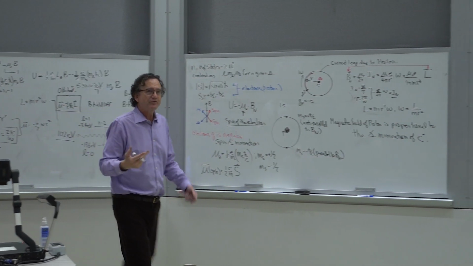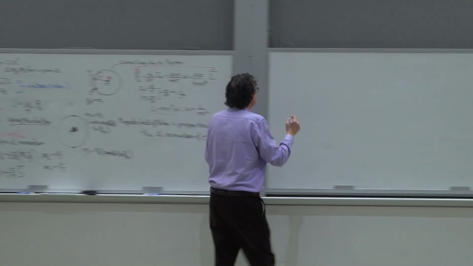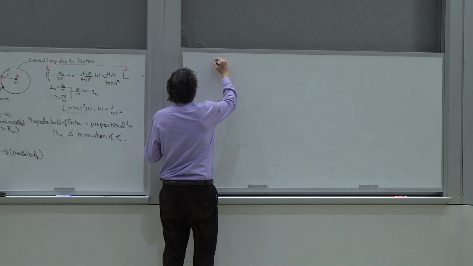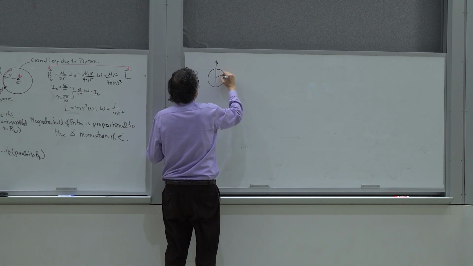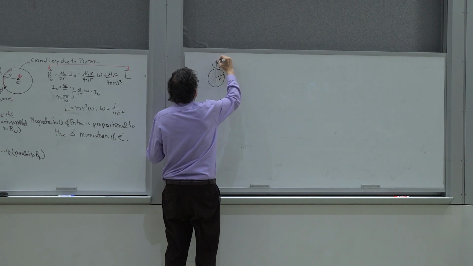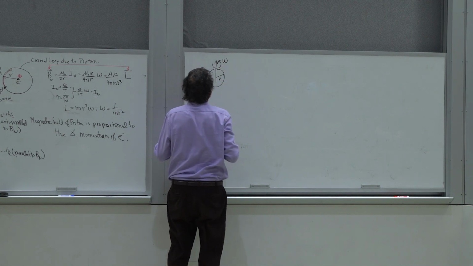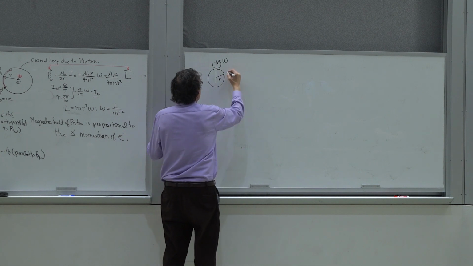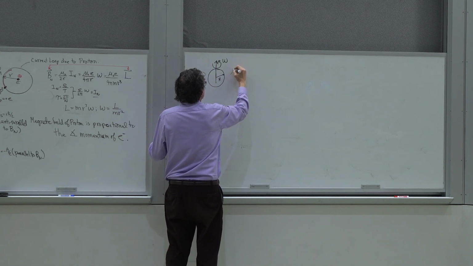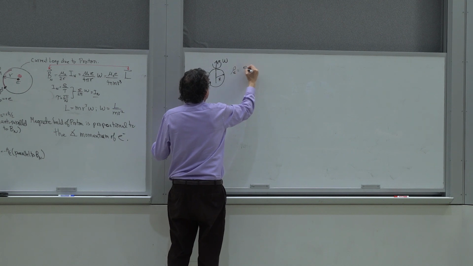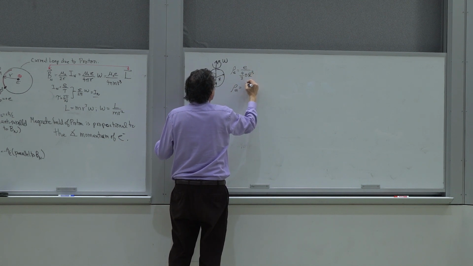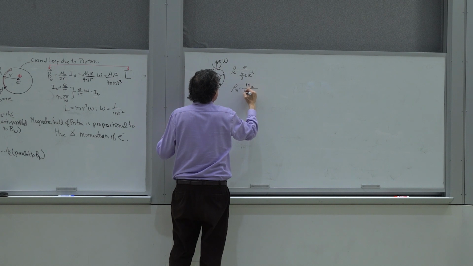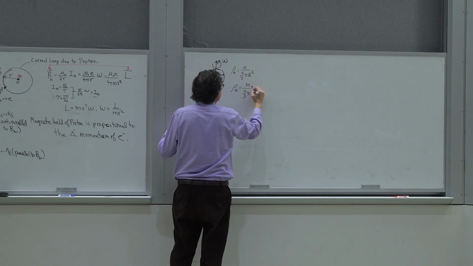So we'll stop here for a question, but let me just draw one more picture. The picture we're looking at for the electron is, here is a ball of charge of radius r that is spinning about the axis with some angular frequency omega. Okay? And it has a charge distribution, so it has an electric charge density, which is e divided by 4/3 pi r cubed, and it has a mass density, which is the mass of the electron divided by 4/3 pi r cubed.